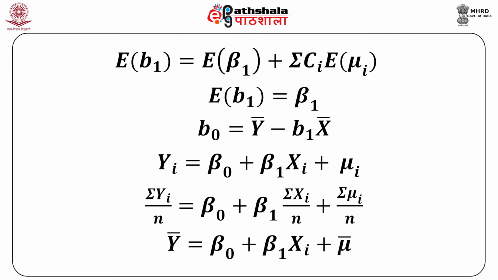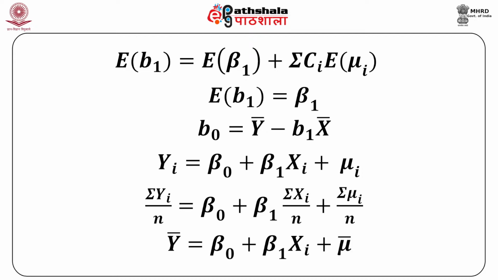Summing both sides and dividing by n, we get summation yi divided by n is equal to beta 0 plus beta 1 summation xi divided by n plus summation mu i divided by n. Y bar is equal to beta 0 plus beta 1 x bar plus mu bar. B0 is equal to beta 0 plus beta 1 x bar plus mu bar minus B1 x bar.